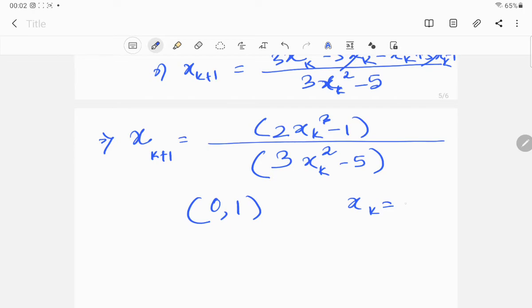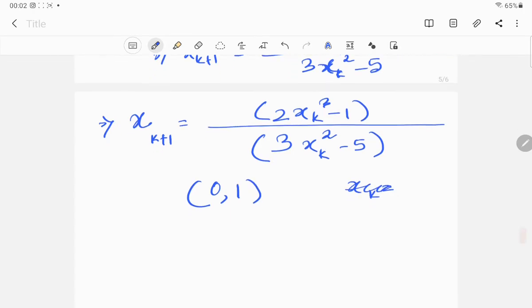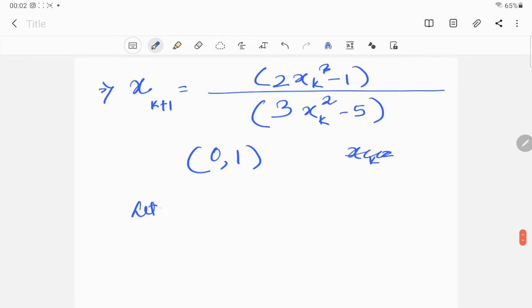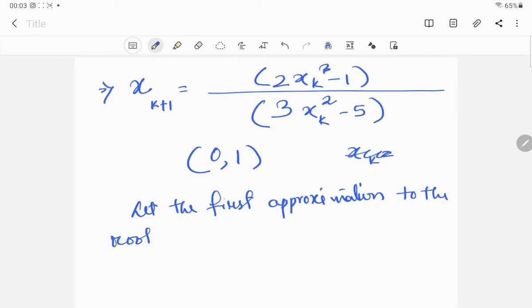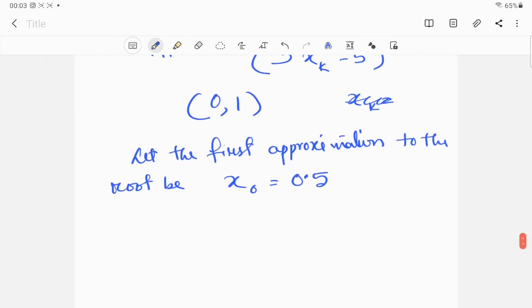So let the first approximation to the root be x0 equal to say 0.5. I am just taking the middle point. You can take 0.6 also, but don't make a lot of variations. So x0 equals 0.5.